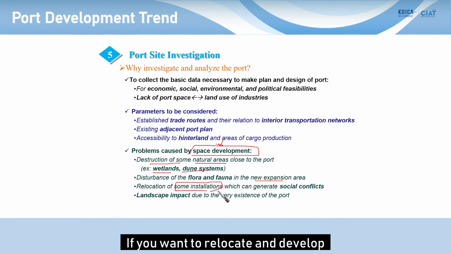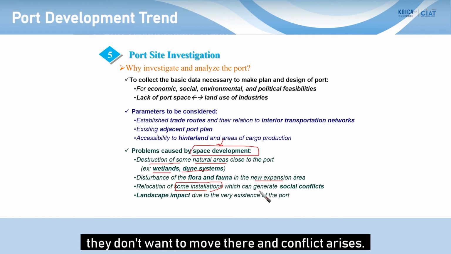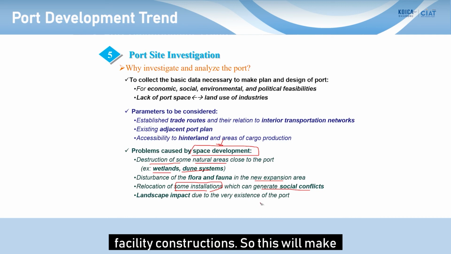If you want to relocate and develop a port facility over there, the local community doesn't want to move, and then conflict arises. It generates social conflicts. And also landscape impact due to the port facility constructions.